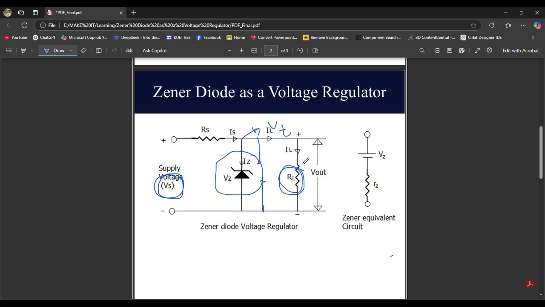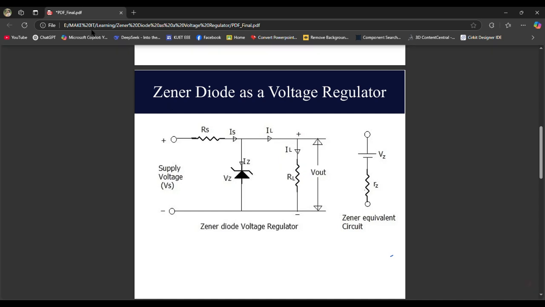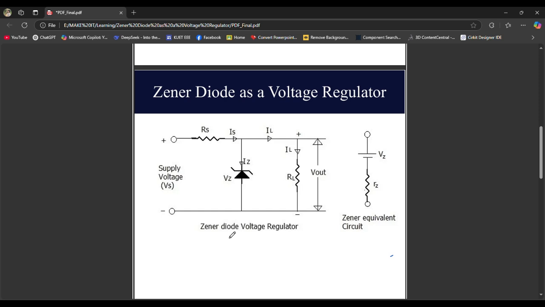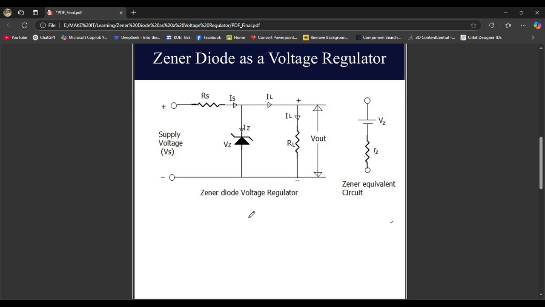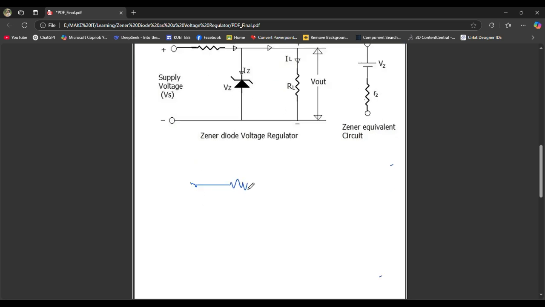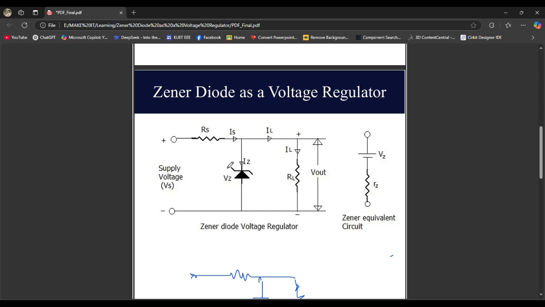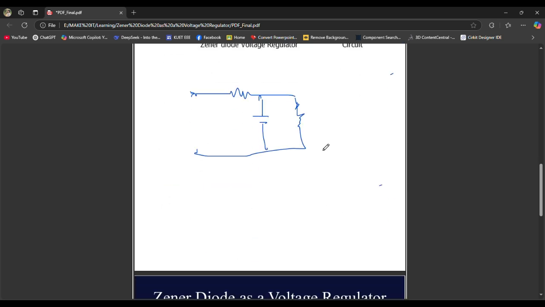So the theory is that we know in the operation region, when this circuit operates as a voltage regulator, the output voltage is constant. That means the circuit will look something like this. And you know Is is divided into two parts, that means Is is equal to IL plus Iz.